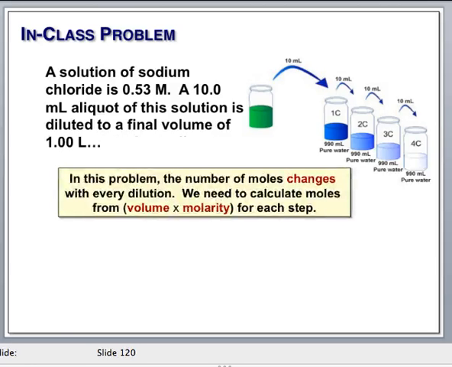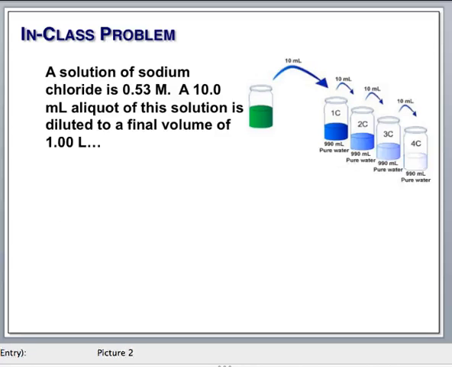We're going to calculate moles using volume times molarity for each of these steps. We're at 1 liter for each, so the number of moles directly gives us moles per liter. For our first step, 0.53 moles per liter. We have 10 mL, that's 0.01 liters.